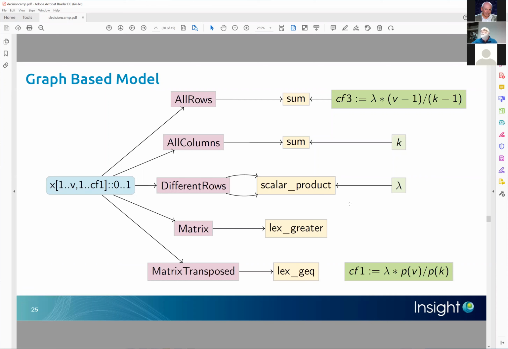And we have here a formula, lambda sum p of v divided by p of k, and that is basically the formula that explains the number of columns. Then we have the different constraints that apply with certain patterns. So we have the sum constraint applying to all rows, and it has another parameter, which is another formula of the basic parameters.